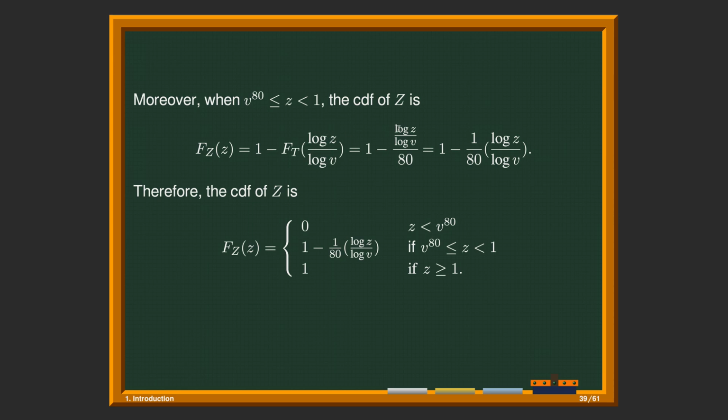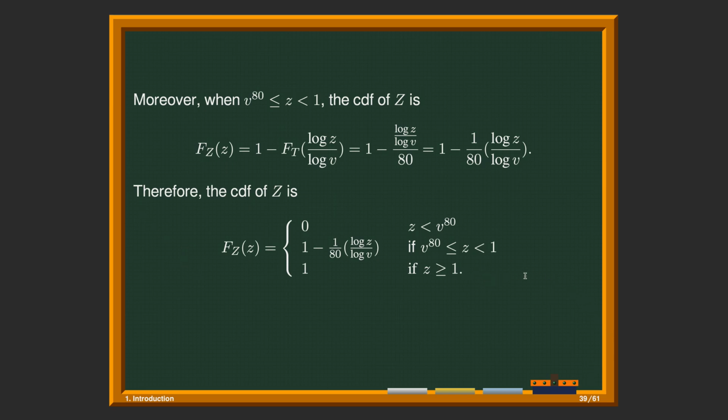So we replace t by log of Z all over log of V. So we end up with this expression here: 1 minus 1 over 80 times log of Z all over log of V. And so this gives us now the CDF of our random variable Z, which was arrived at using the given PDF and CDF of the random variable T.